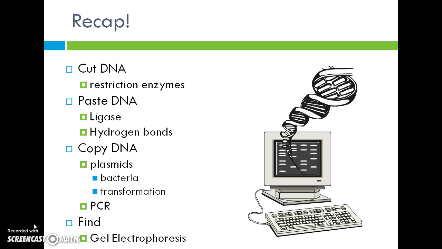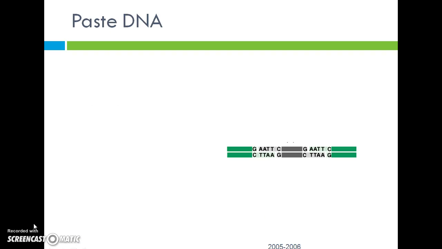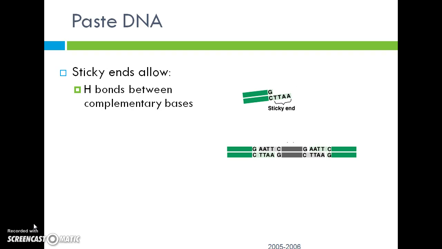So let's talk a little bit about those ligase and hydrogen bonds in terms of pasting our DNA to create new strands of DNA. So the sticky ends that are created by our restriction enzymes are going to allow our complementary bases to line up.